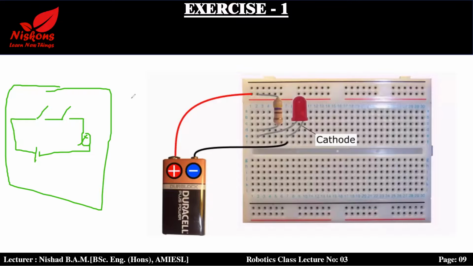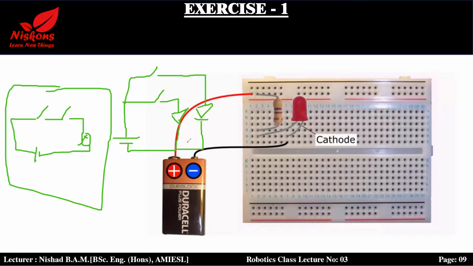Then you connect the battery to one switch, then connect an LED bulb, and then connect it to the ground. Then you obtain another switch and place another LED bulb, which means another color LED bulb, and connect it to the ground.